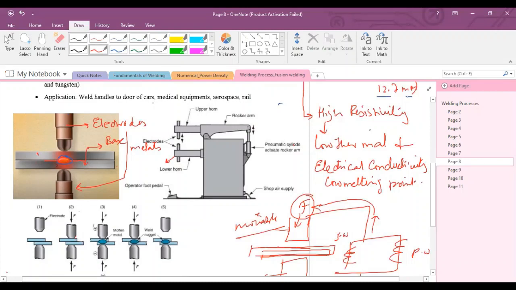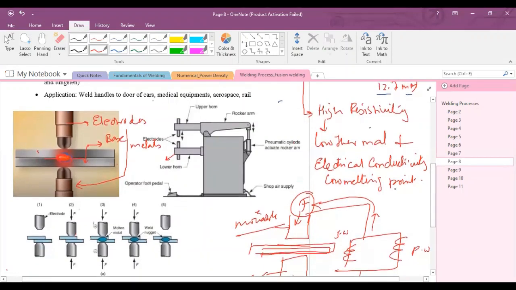This electrical resistance will increase the temperature, and that temperature is responsible for generating heat, and this heat will melt the base metal which is in contact with the electrode. Only the part in contact with the electrode is melted.